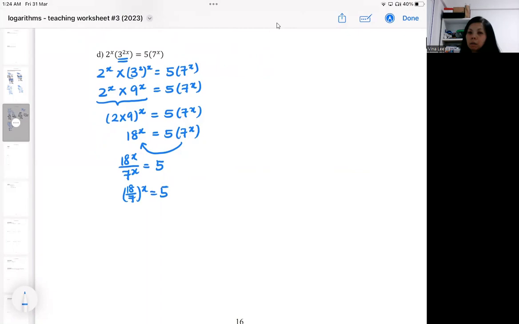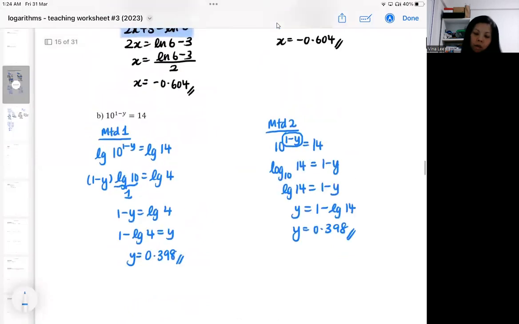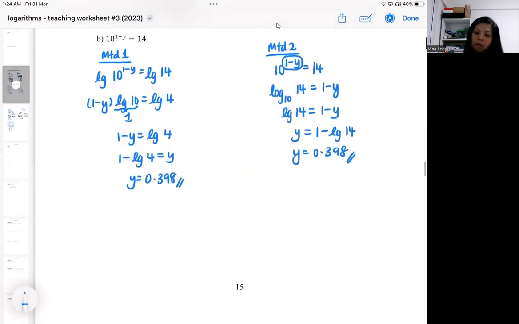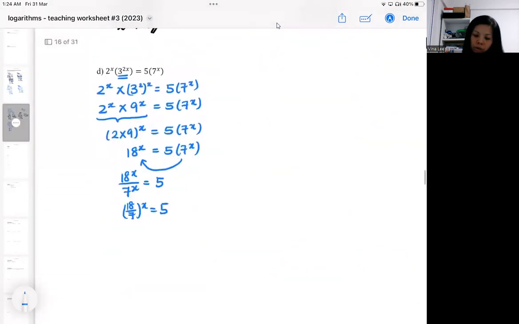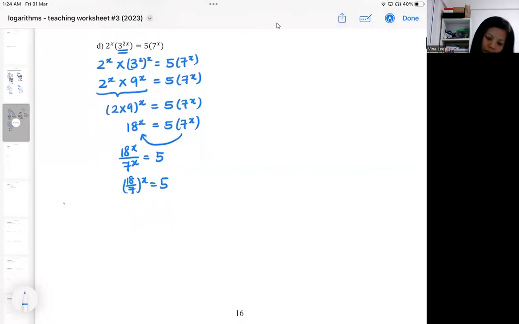Okay, so by the time you come to this, you are back to either method 1 or method 2. I'm going to show you both methods. I'm going to show you method 1 first. I will do an lg on both sides. Then I can bring down the power.